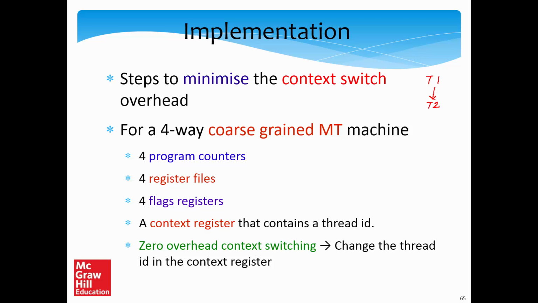And what does the context contain? Well, the context is essentially the program counter and the registers, right? So the program counter and the registers for the different threads are different. When we are running T1, T1 will have its own PC, registers, and temporary values.